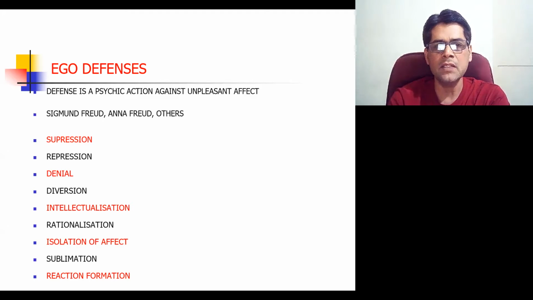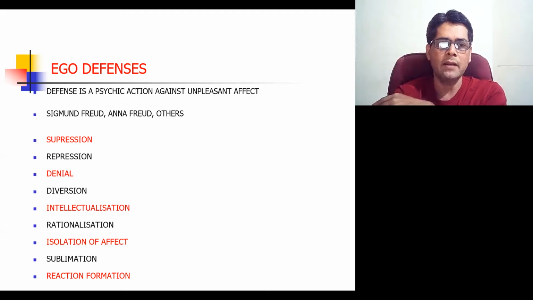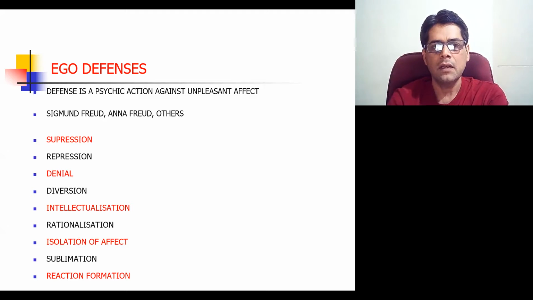And then you feel this is not right, I should not be doing this to my friend or my colleague, he is too good a person. And then you suppress that desire to trap that man. It's a conscious action. You have done it because of your value system. It is suppression.